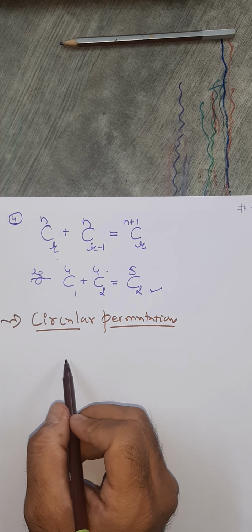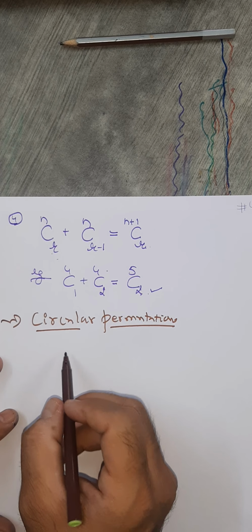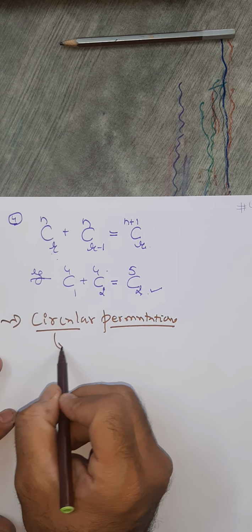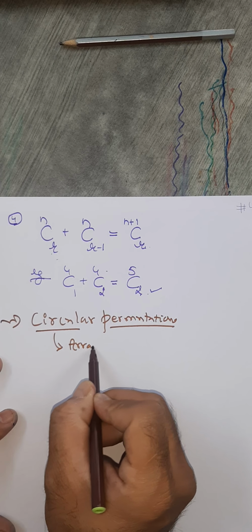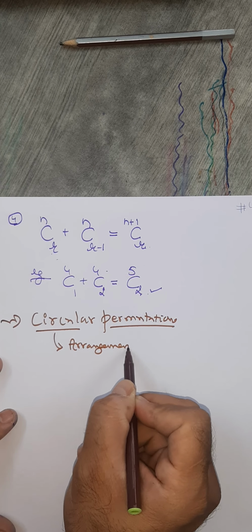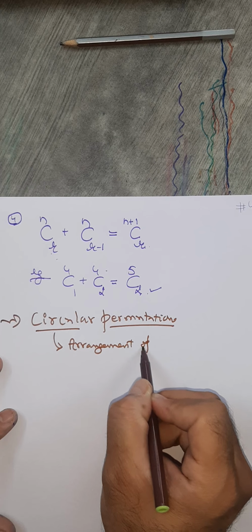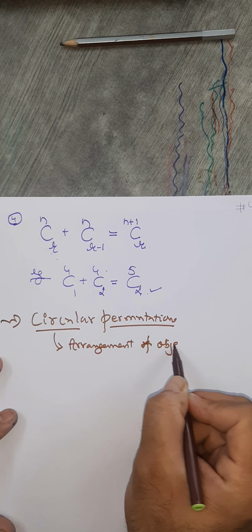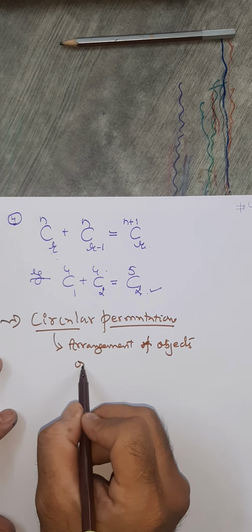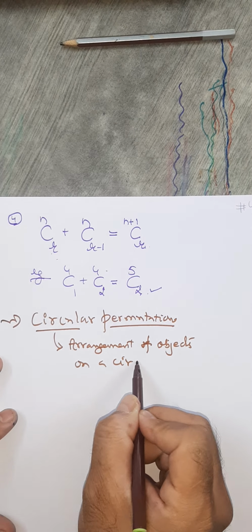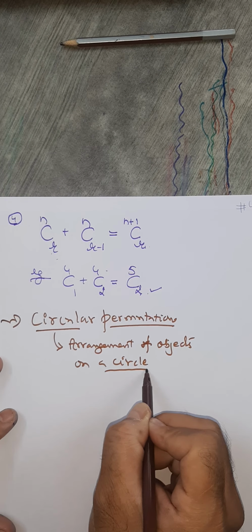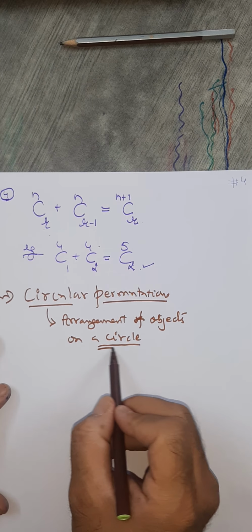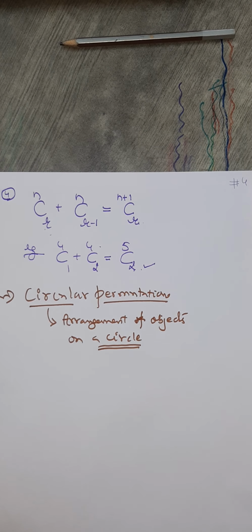What is this? Arrangement of objects on a circle, that's called circular permutation.